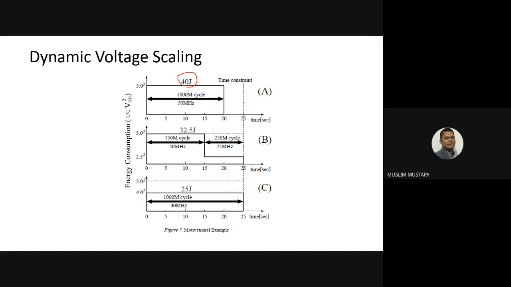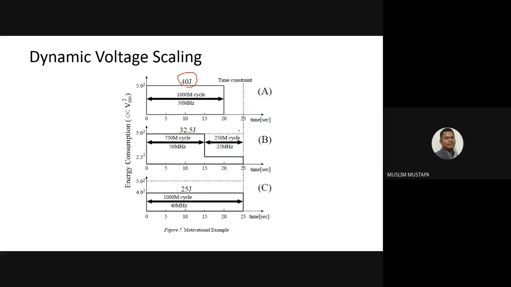Or what you can do is execute the part of the application which needs high voltage at that time by supplying high voltage, and then when the application doesn't need any powerful processing, you can lower down the voltage.